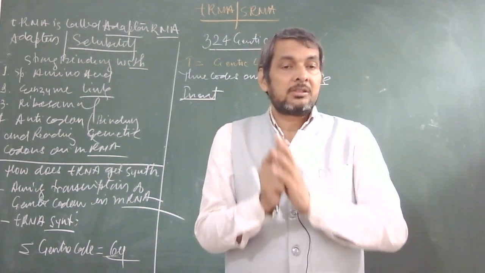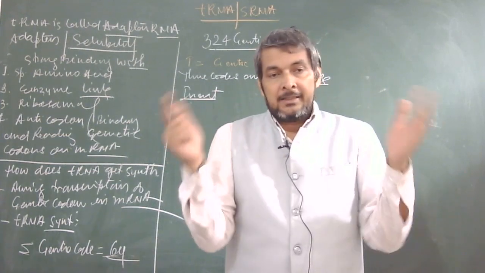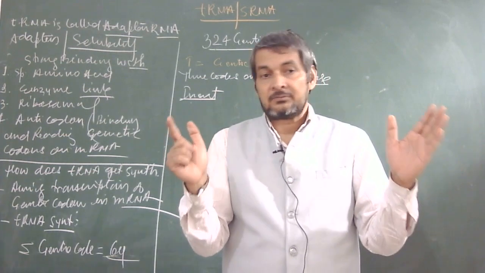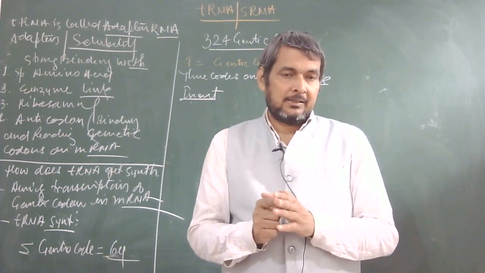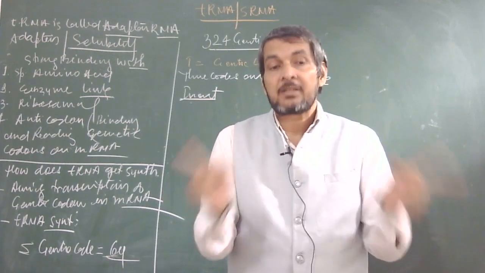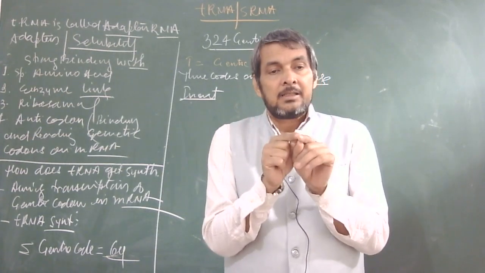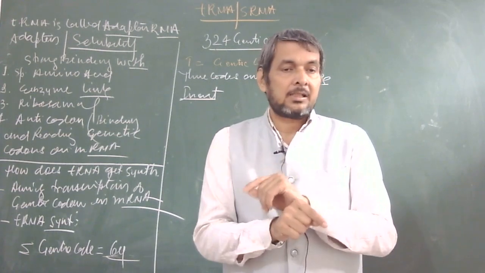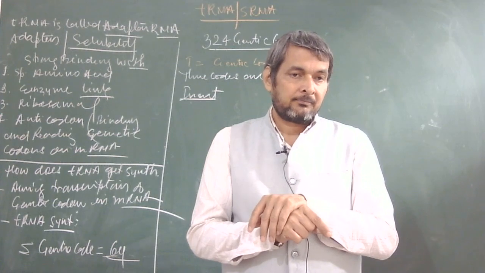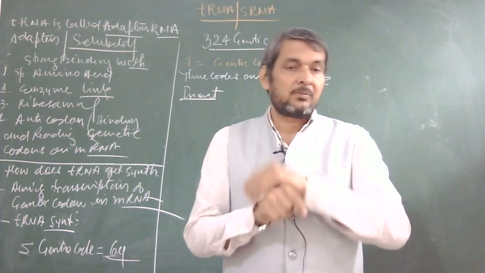If a particular genetic code does not specify any amino acid, what happens? It will not require any transfer RNA because it will not participate in the sequencing of amino acids. It will not participate in the picking of amino acids.